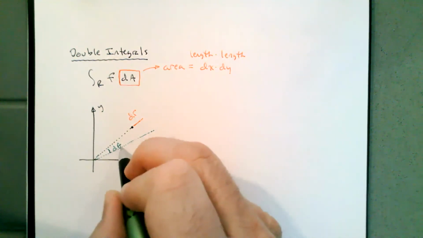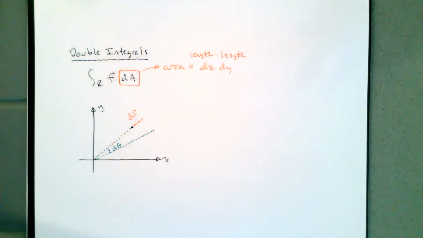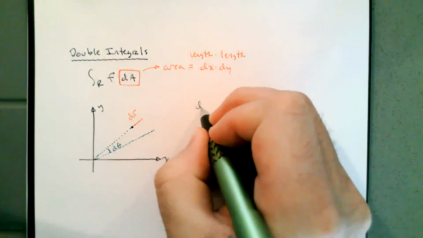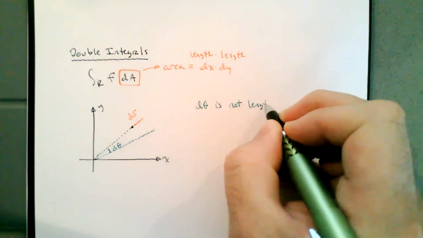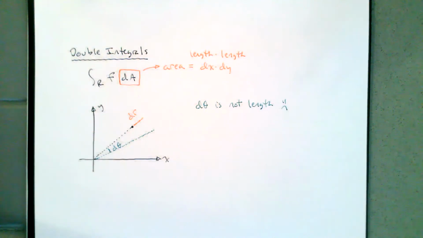The problem is dr times d theta is not going to give us an area, because d theta is not a length. D theta is a change in angle. It's going to be measured in radians, and that's not length. So dr is length, no problem. D theta is not length. So I can't just set up dA as dr d theta.